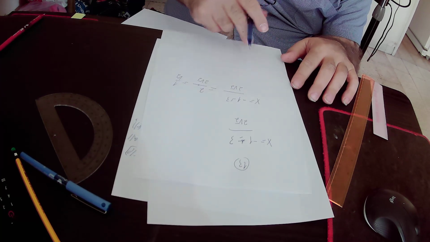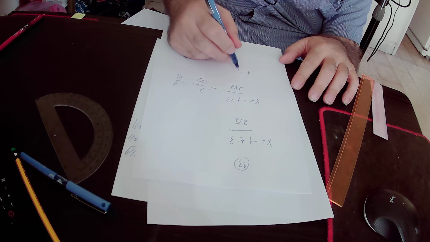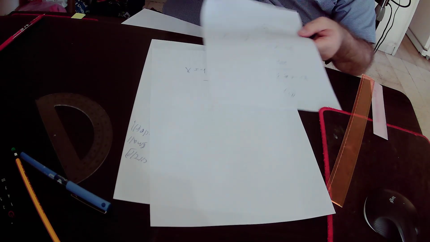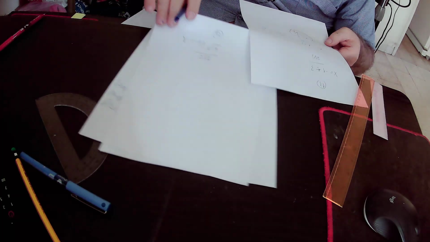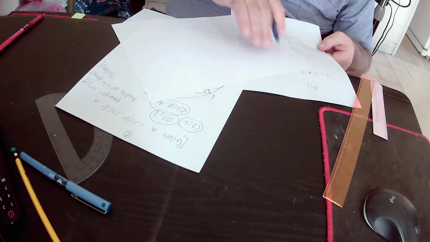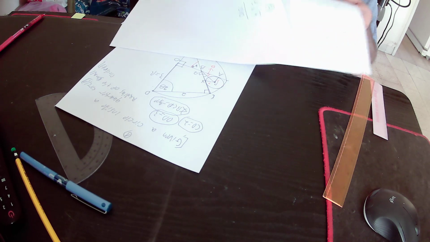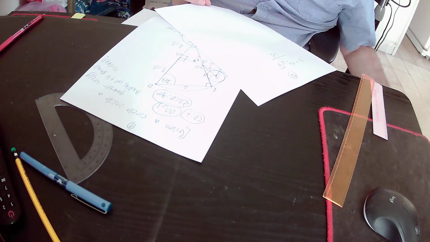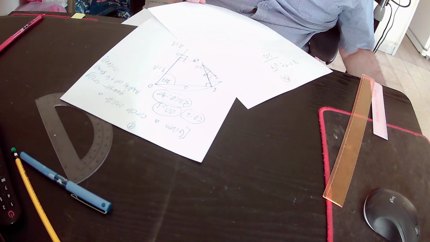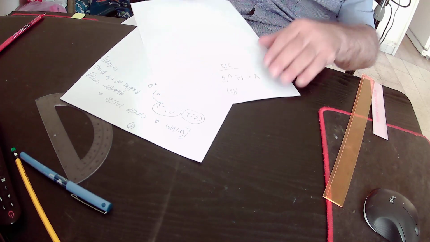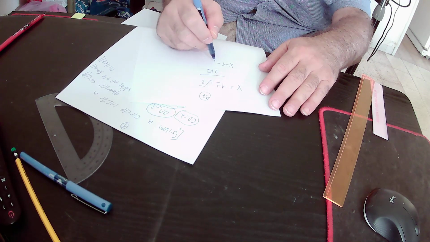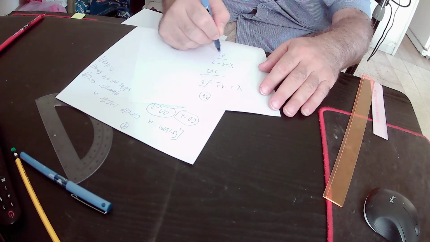So the first solution is that x equals 1 over root 2, and we have also the second solution, that x equals minus 1 minus 3 over 2 times root 2.